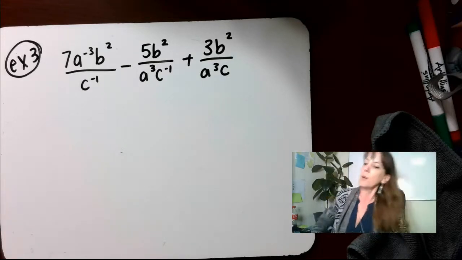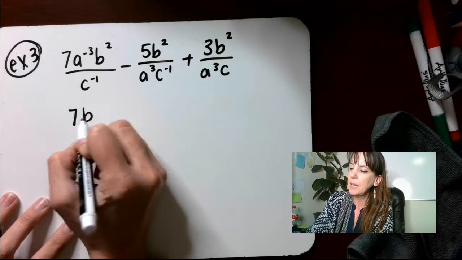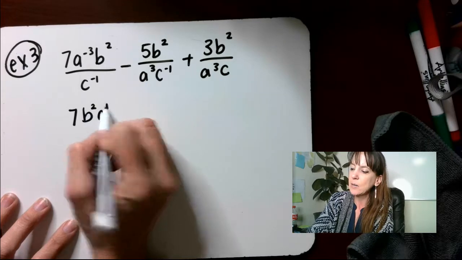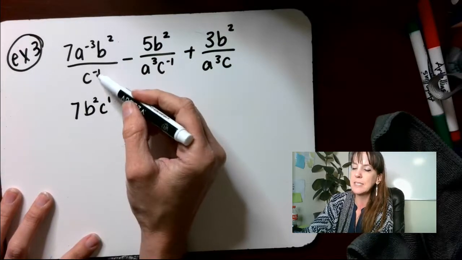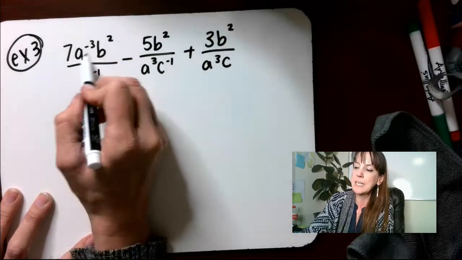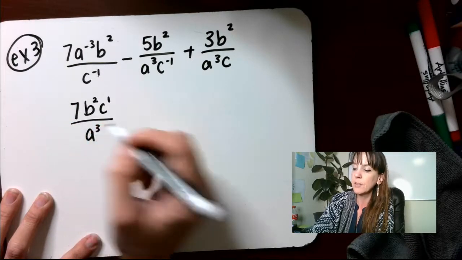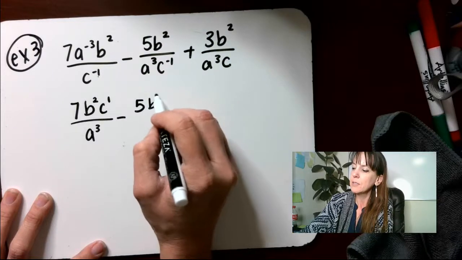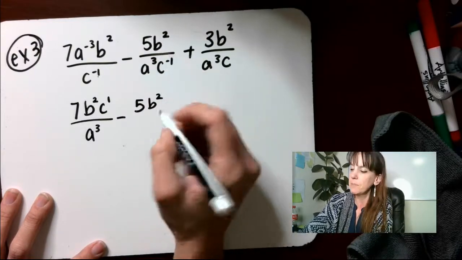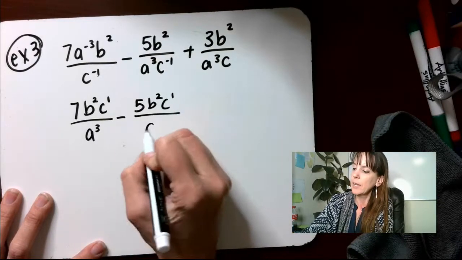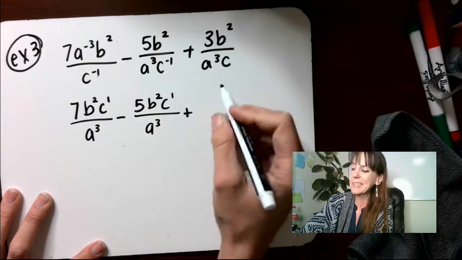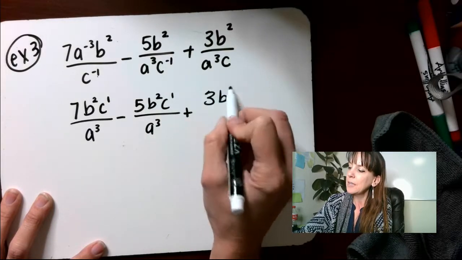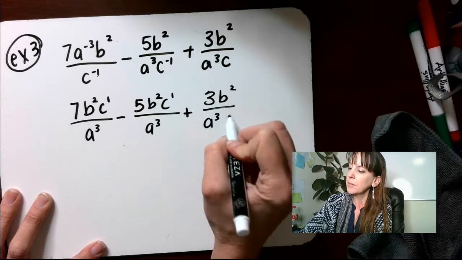So we have 7b squared c1, because I'm going to move this guy up over, and I'm going to take this chunk and move it downstairs, so a to the third, minus 5b squared, I'm going to take that c, move it up, c1, over a to the third, plus 3b squared a3c.